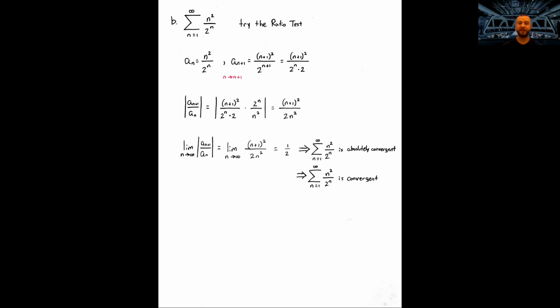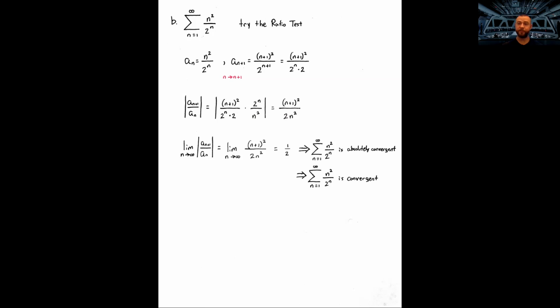All right, notice both a sub n and a sub n plus 1 are fractions, and this is going to happen for a lot of examples. So when we divide here in the ratio by a sub n, we can multiply by its reciprocal. That's a good habit to get into. When you divide by a sub n, multiply by its reciprocal. So we multiply here by 2 to the n divided by n squared.